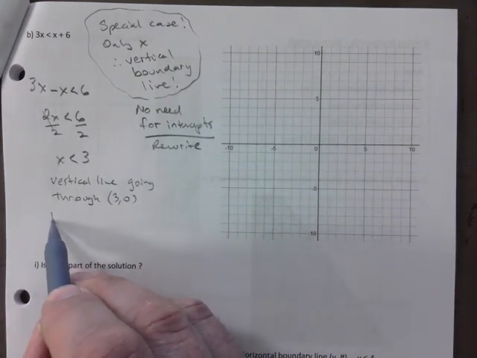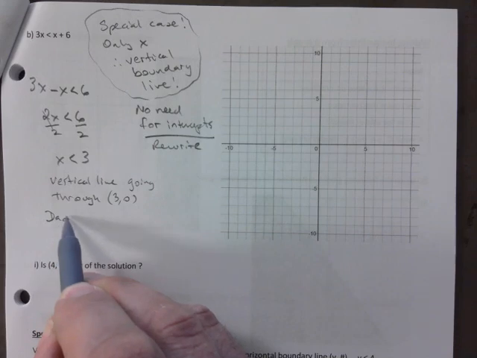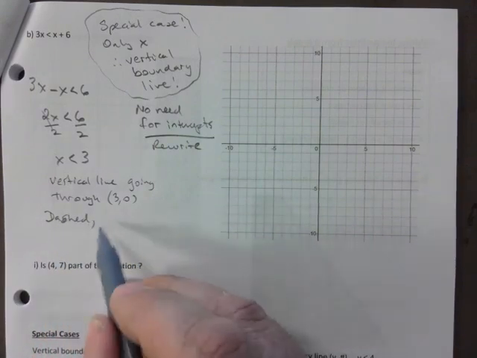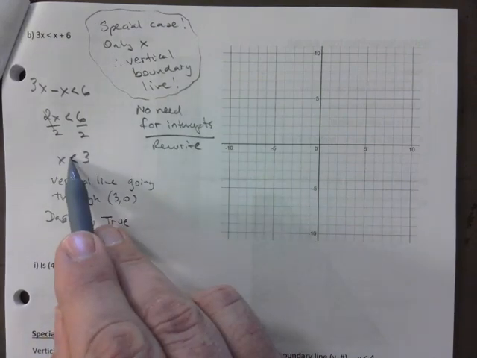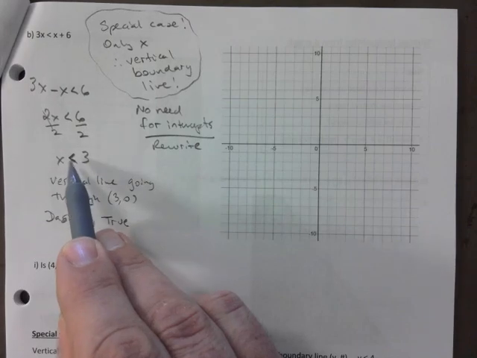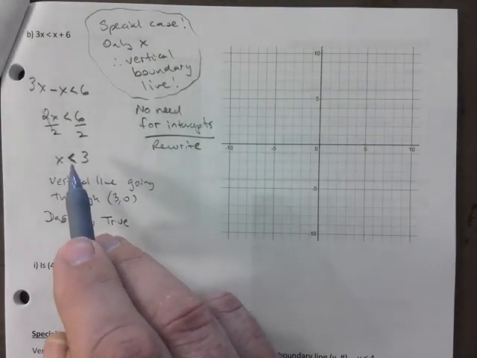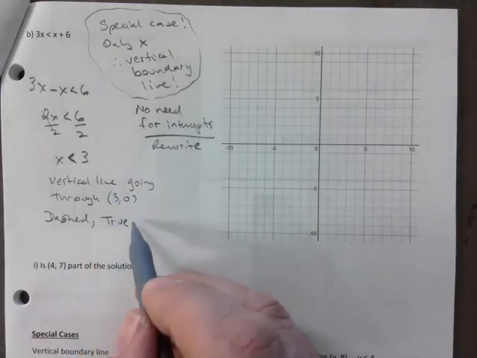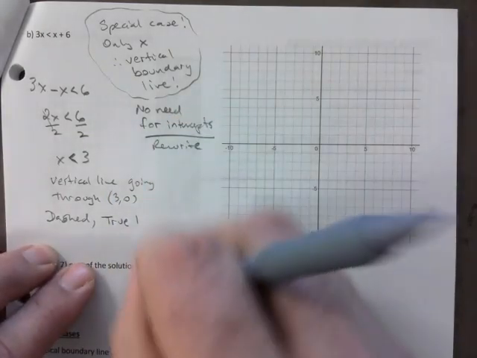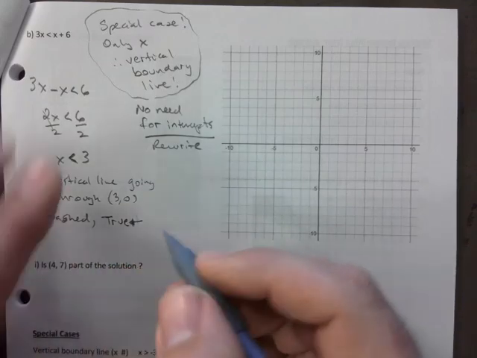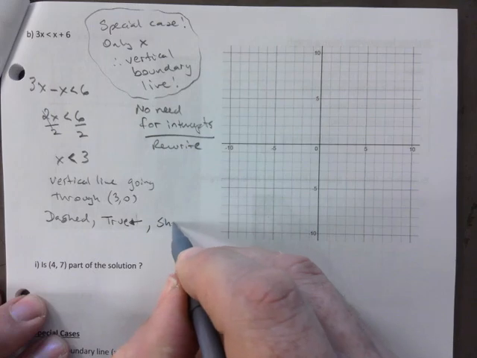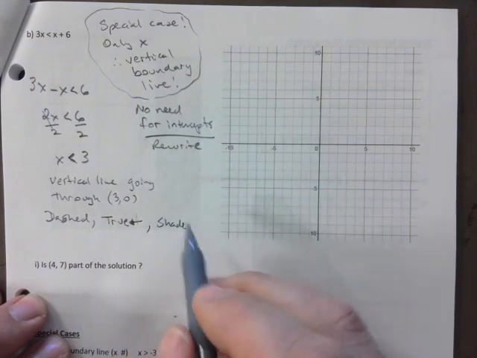So let's do what we normally do. Dashed, right? This is a dashed line. Where's the true region? If it's less than, you have that on your study sheet maybe, but less than should be you should be thinking left when it comes to x values, right? So, sorry, not below. I go left like this. True region is to the left. And where are we going to shade? We're still using regular.